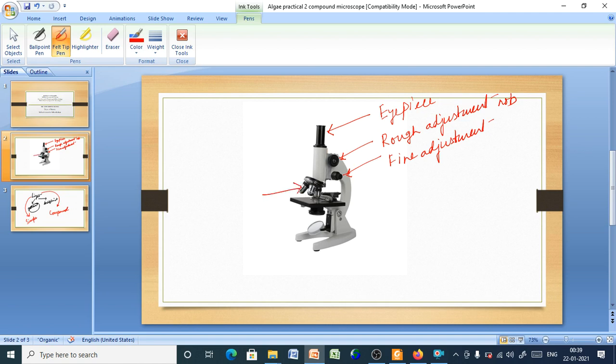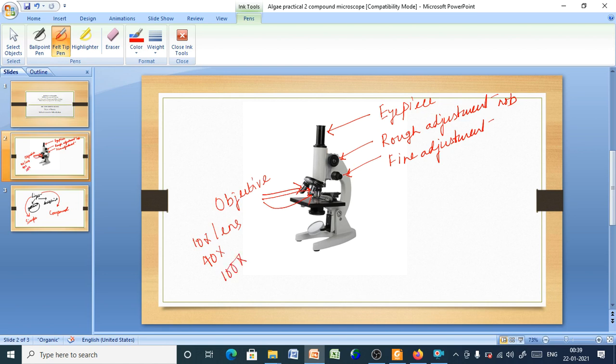These are this one, second, and the third one. These are objective lenses. First one is 10x, then 40x, then 100x.